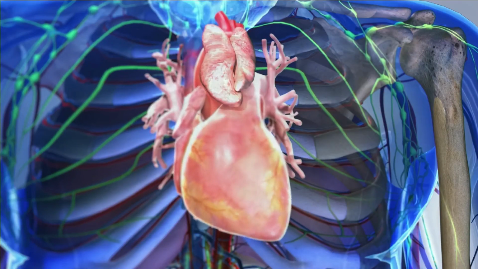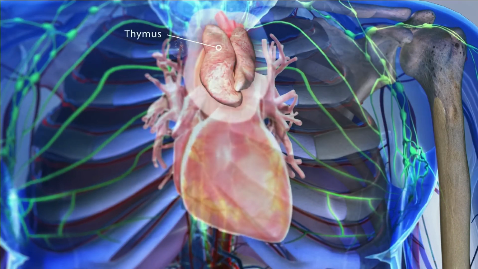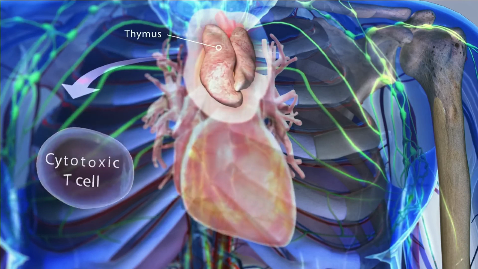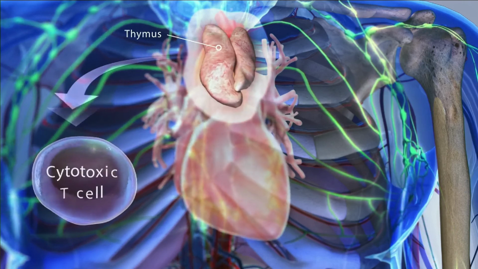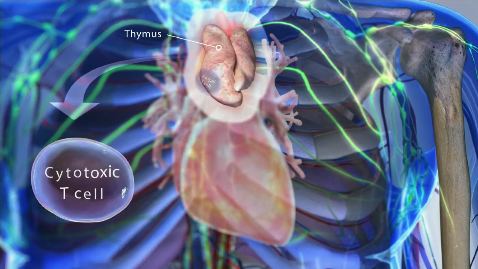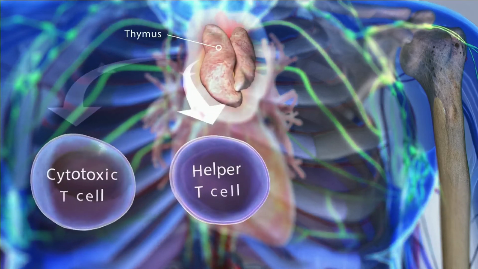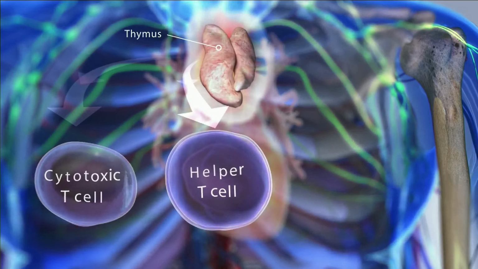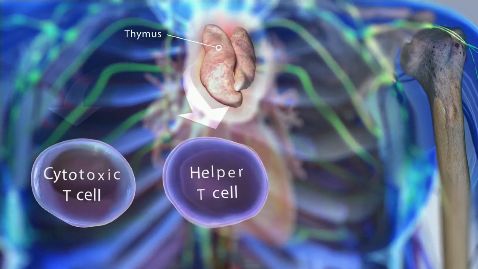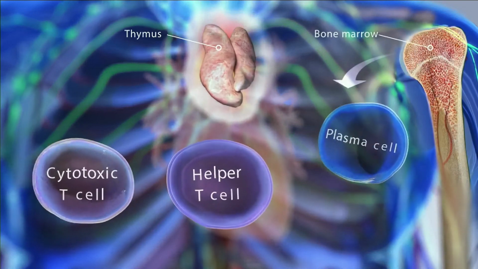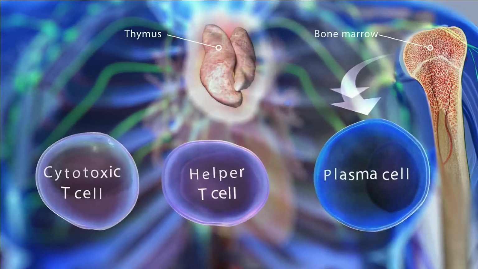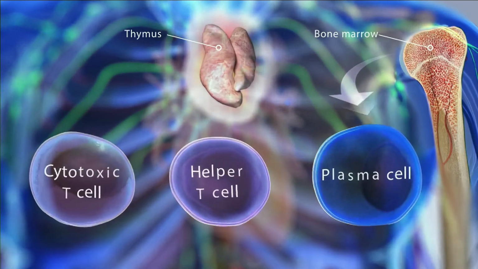T lymphocytes mature in the thymus to become either cytotoxic T cells, which directly attack diseased or foreign cells, or helper T cells. Helper T cells aid the immune responses of both cell-mediated and antibody-mediated immunity. B lymphocytes mature in the bone marrow to become plasma cells, which produce antibodies.